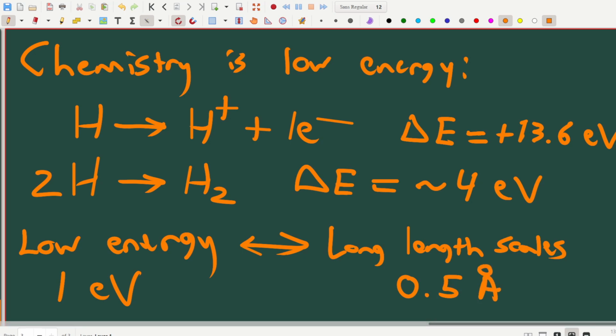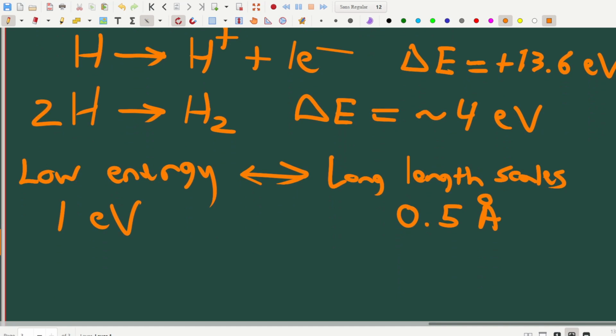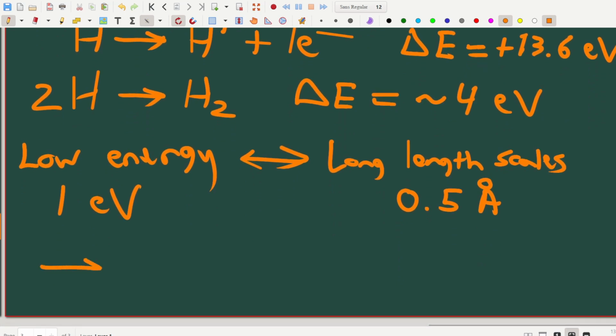So we don't have to worry about things that are 10 to the minus 15, 10 to the minus 20 meters, or tiny, tiny particles, because interactions on the scale of 1 eV tend to happen around an angstrom. And not surprisingly, this also means long time scales.